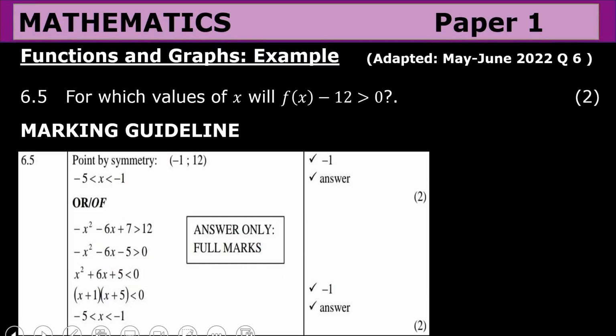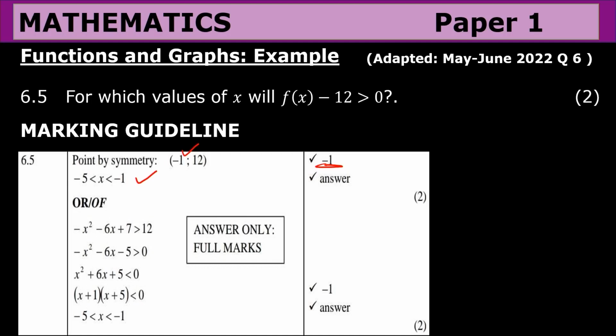The next one here says, for which values of x will f of x minus 12 be greater than 0? So where are we going to get the marks here? It's just 2 marks. The marks here are going to be gotten for that -1 in the point of symmetry. And the next mark is going to be achieved there for the answer, which is how you've written it, and the answer being from -5 to -1.